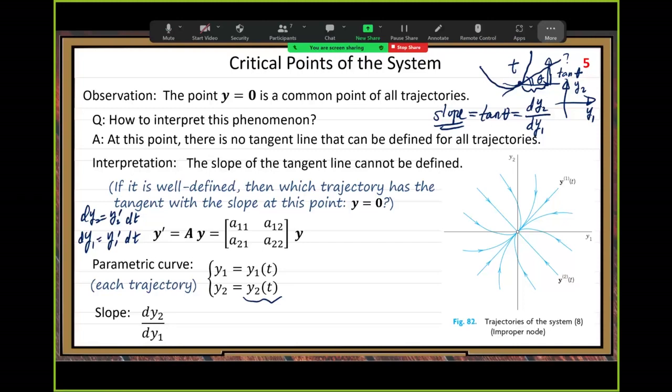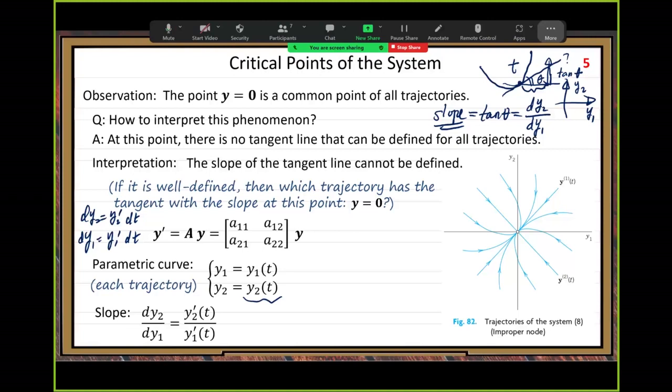When you take a ratio, the same differential dt cancels out. So you only have y2 prime over y1 prime. dt is gone.